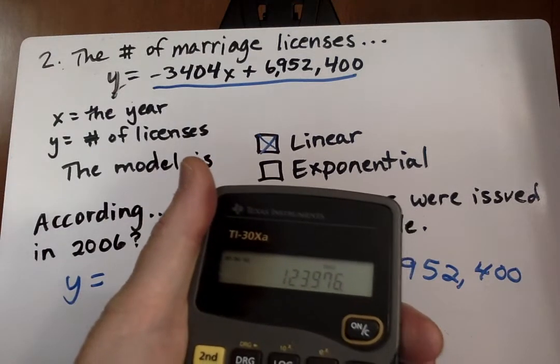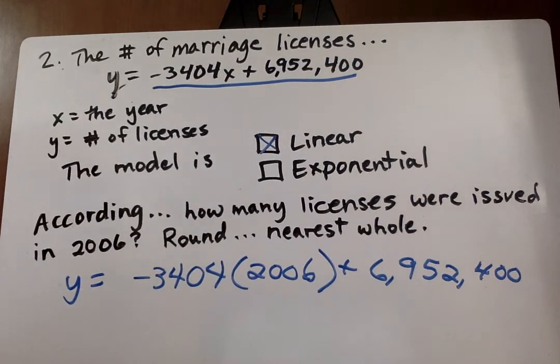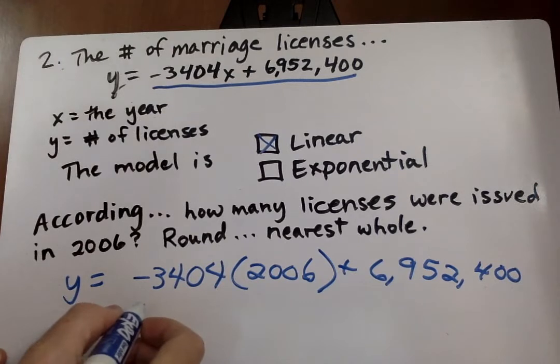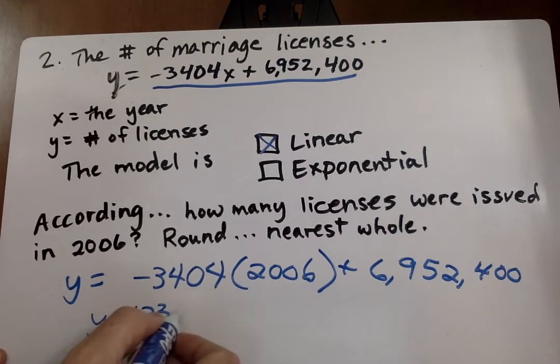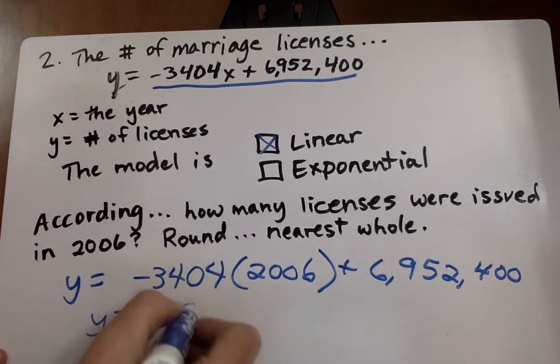So it's 123,976. So y equals, and I'm going to double check one more time, 123,976 licenses.